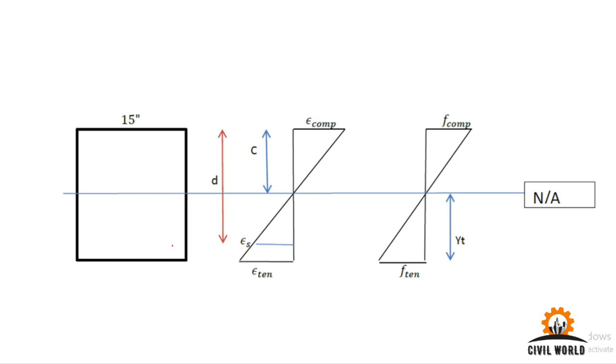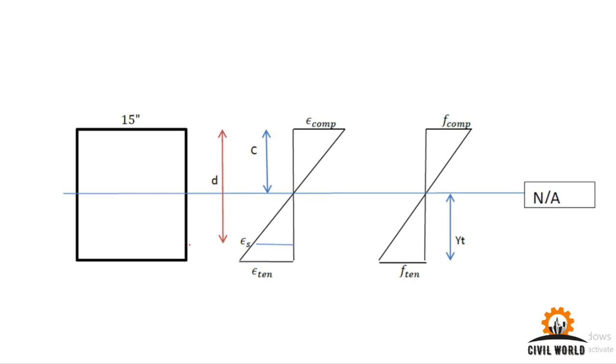Its diameter is also 0.5 inches, so total is 1.5 plus 0.5 plus 0.5, 2.5. So we take it to be 2.5 till the centroid of the reinforcements. We'll be discussing it in detail once we go into our other solved examples.